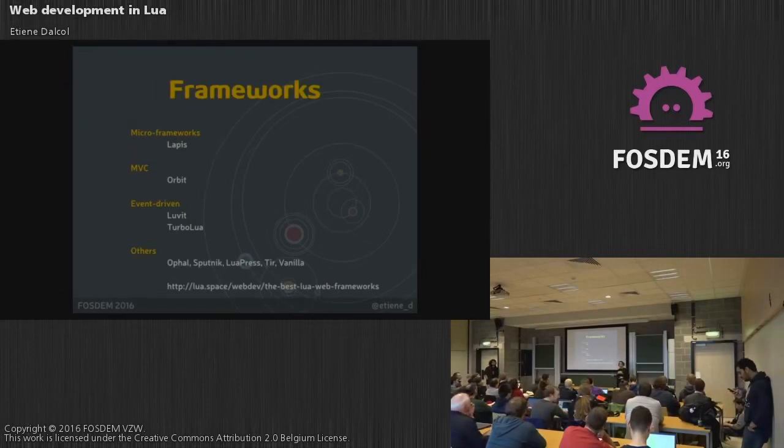It was originally built with MoonScript, which is a language that compiles to Lua like CoffeeScript compiles to JavaScript. Yeah, it's a really nice framework. We have Orbit that is pretty stable, but it has been a little bit abandoned recently.